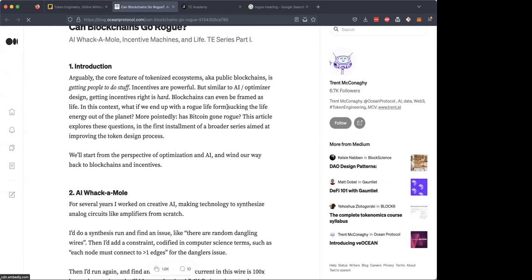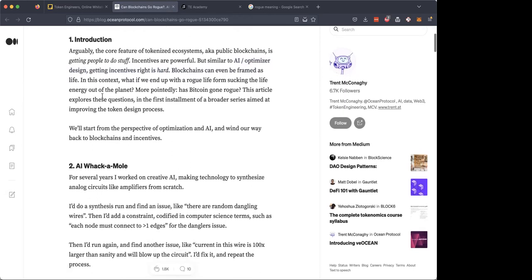Right, so it talks about how blockchains remind them of AI optimizer designs, like machine learning systems where you're optimizing to solve a problem. And it's really difficult to get the incentives right.